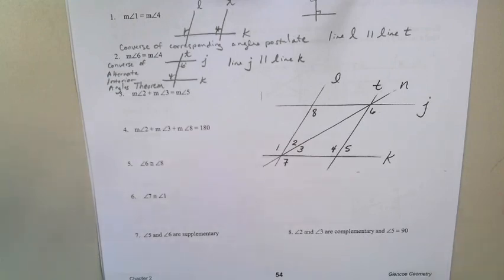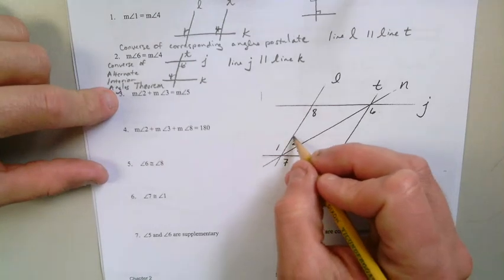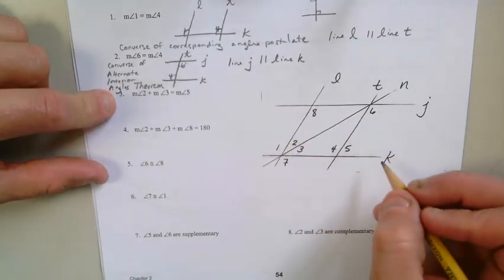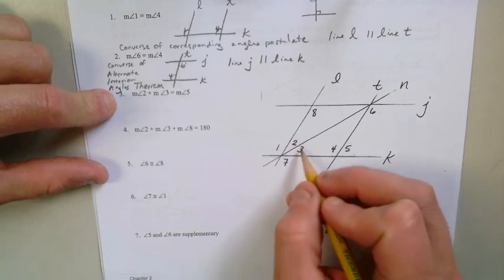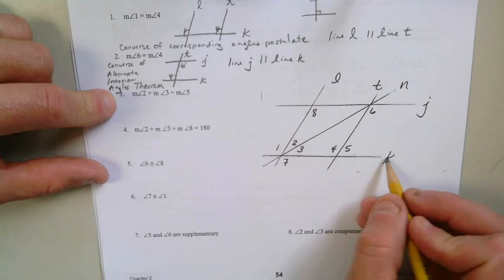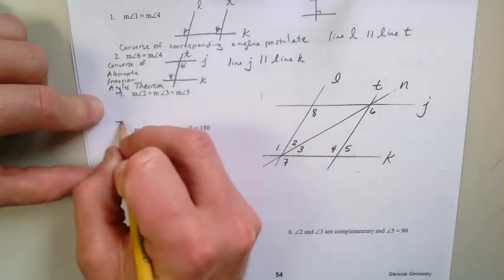Now the next one is written a little bit awkwardly, but here's what it means. If we add up these two angles here, that'll equal this angle here, angle 5. Between these two angles, the line that's shared with angle 5 is line K. So I'll go ahead and draw that out here.